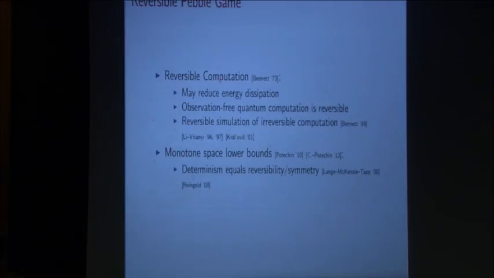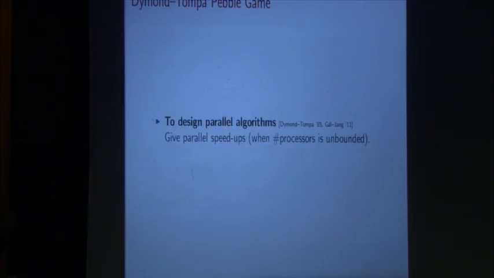It turns out that this Pebble game is actually the same as another Pebble game called the Diamond Tumbler Pebble game. The Diamond Tumbler Pebble game is suggested as a way to design parallel algorithms, and is used by different people to design efficient parallel algorithms. It gives parallel speedups if you allow an unbounded number of processes.